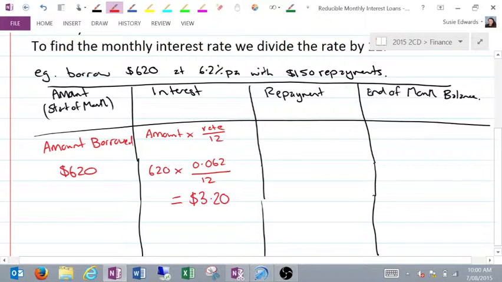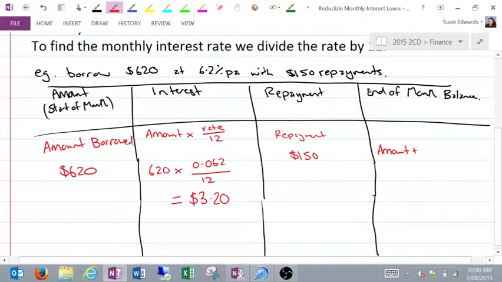What's our repayment? $150, so it's just a repayment. That will always be the same amount depending on what the question is, but always the same. All right, so then how can I find the balance at the end of the month? We go our amount. Do we add interest on or take interest away?